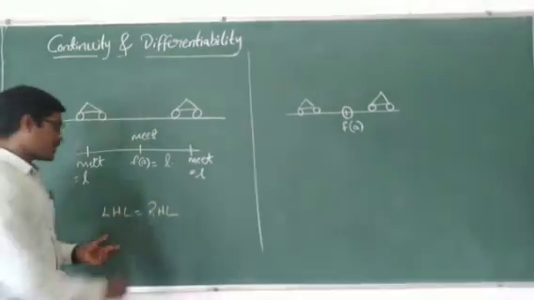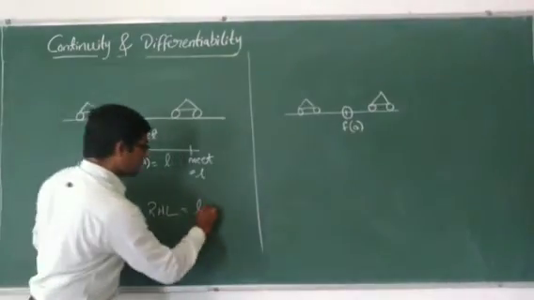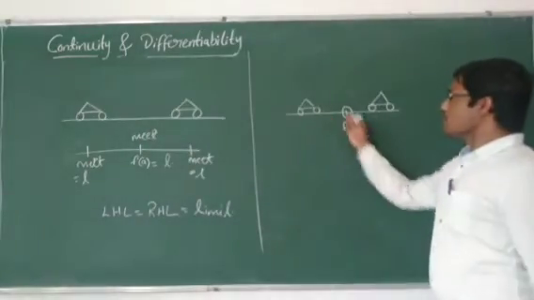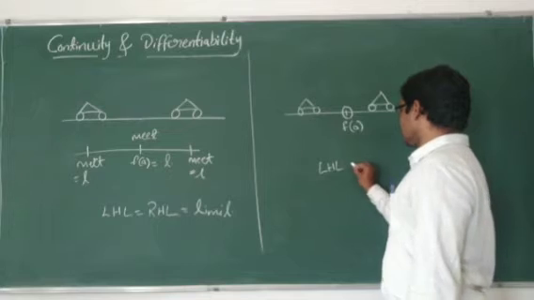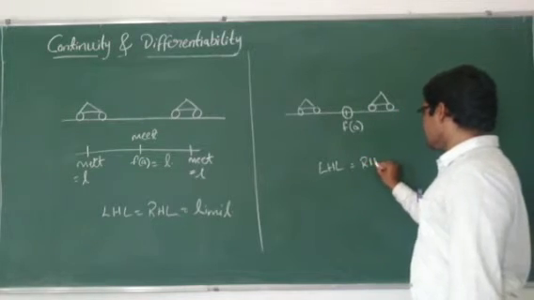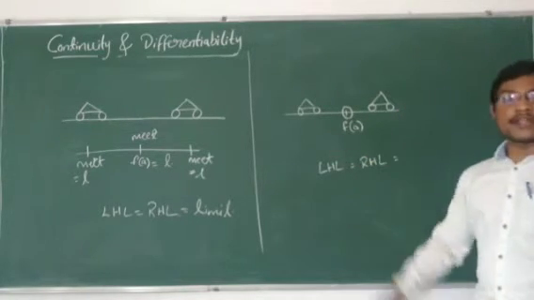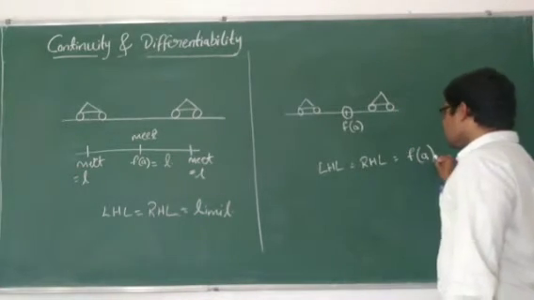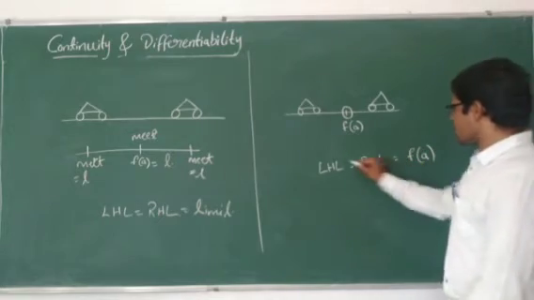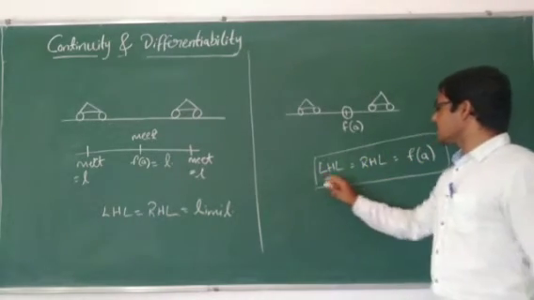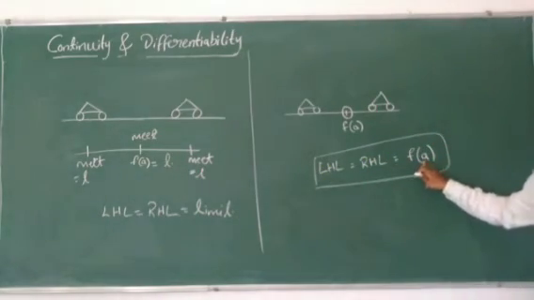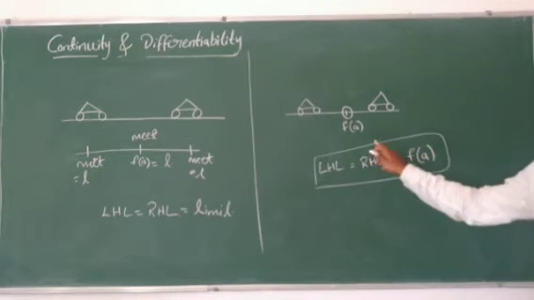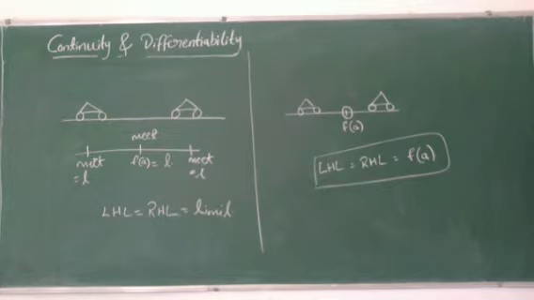Wherever you meet, that will become the limit. But here you are moving from the left side and from the right side, and you both are meeting at one common point. So here left hand limit and right hand limit must be equal to f of a. You both should meet at the same point. Only then that is continuity.